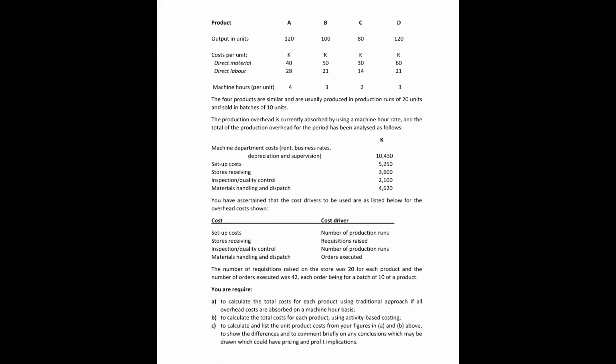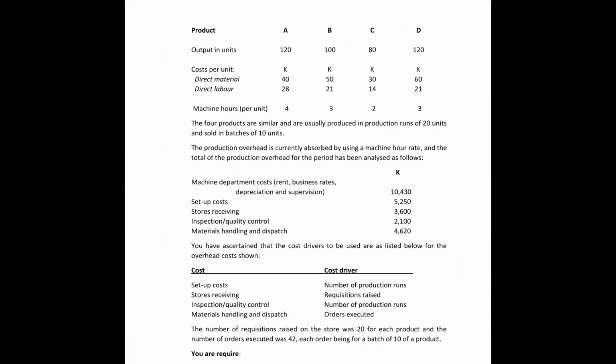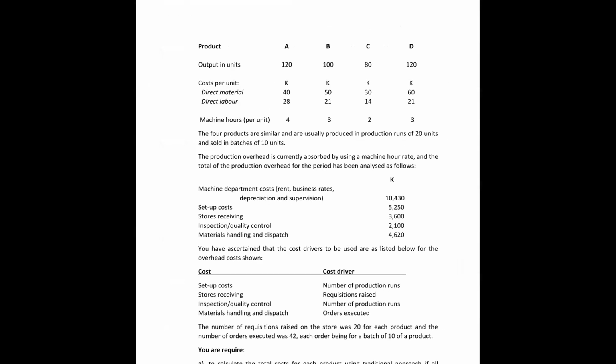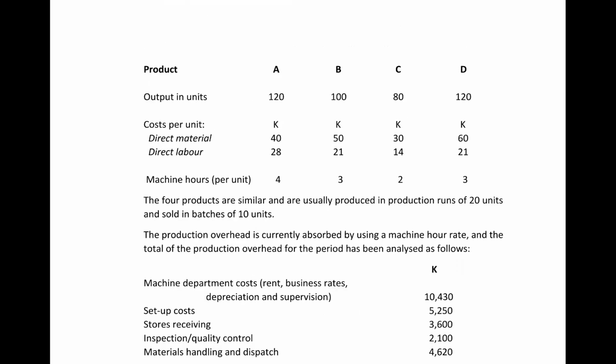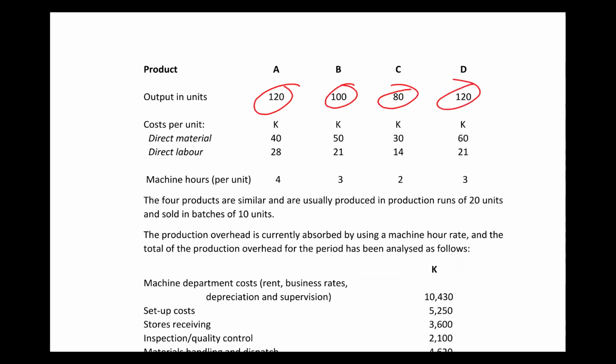So these are the details, right, of the products that we are actually producing. The products that we have are product A, B, C, and D. And we also have specific units that are actually produced. These are units produced for each of these, okay?